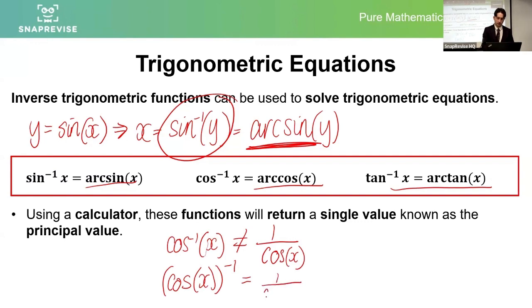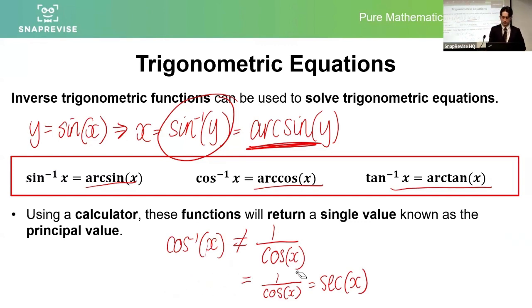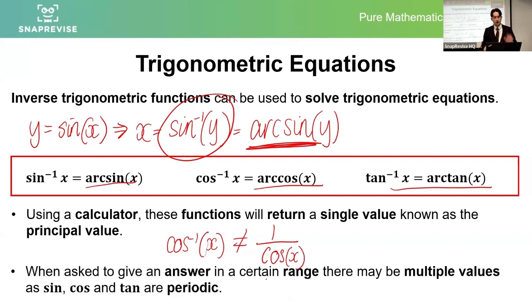That would be 1 over cos. And that one is actually called sec as a function. So that's a really important thing that we don't mix the two up, because that on your calculator, that could cause us some problems. Right, okay. So when you're asked to give an answer in a certain range, there might be multiple values because it's periodic.